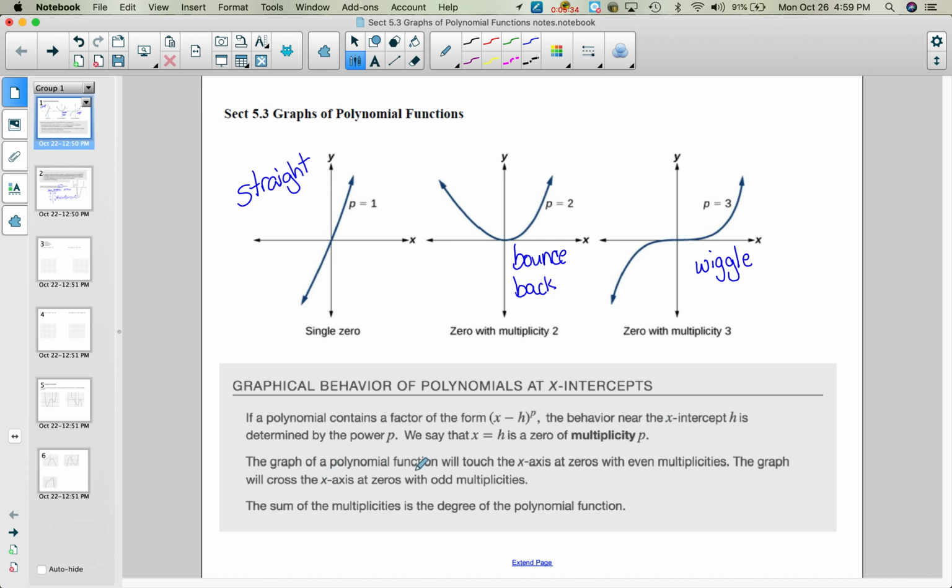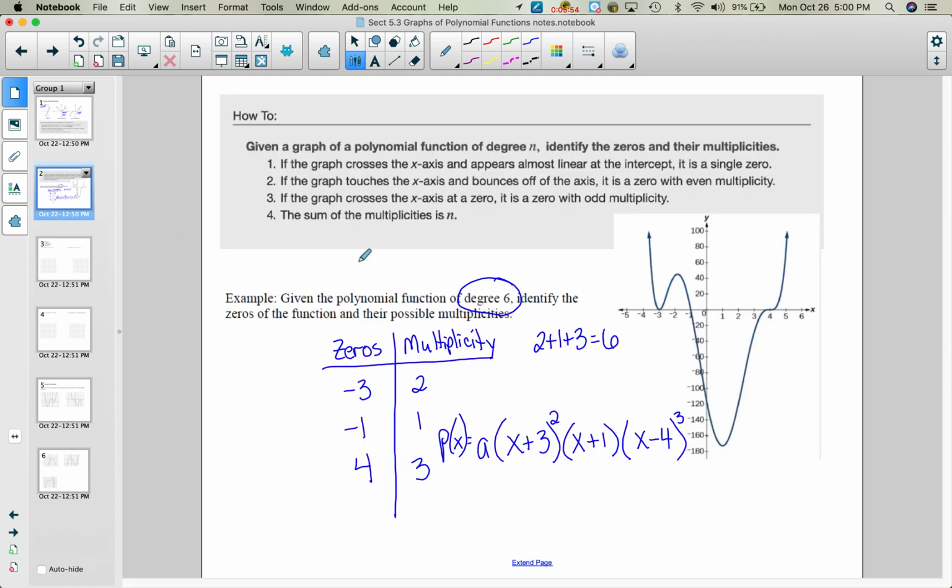The graph of a polynomial function will touch the x-axis at zeros with even multiplicities. The graph will cross the x-axis at zeros with odd multiplicities. And the sum of the multiplicities is the degree of the polynomial function, which is kind of what we went over on this.